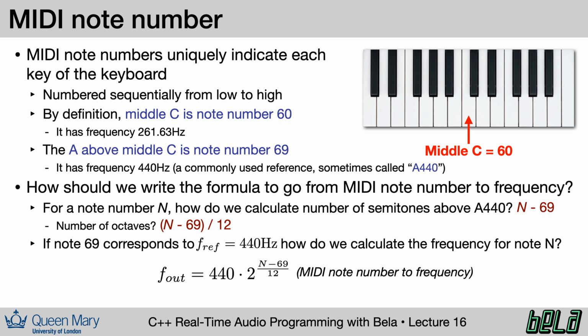The output frequency is equal to 440 Hz times 2 to the power of (n minus 69) divided by 12. This formula will work for any MIDI note number, and in fact it also works for fractional MIDI note numbers. Although the MIDI note on and note off messages only send integer note numbers, when we get into working with the pitch wheel, we'll find that it can be helpful to be able to work with fractions as well.